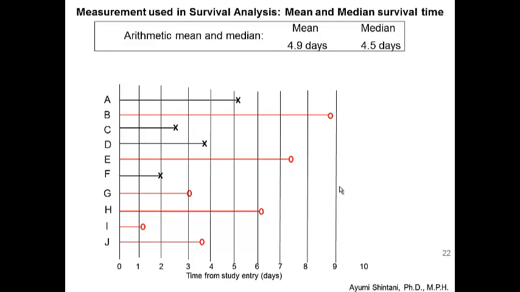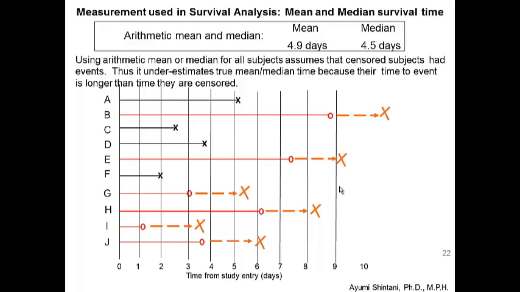The Kaplan-Meier method estimates what would have happened among patients who were censored if their follow-up had been longer. So the model actually inflates the median and mean survival time by assuming people who are lost to follow-up or censored had a similar probability of events if they stayed in the cohort longer. Therefore, the median time to event is prolonged.